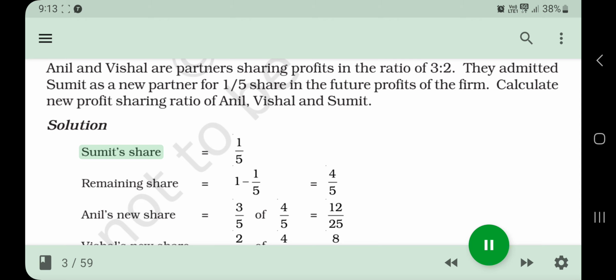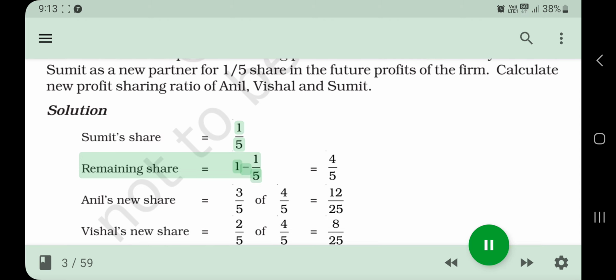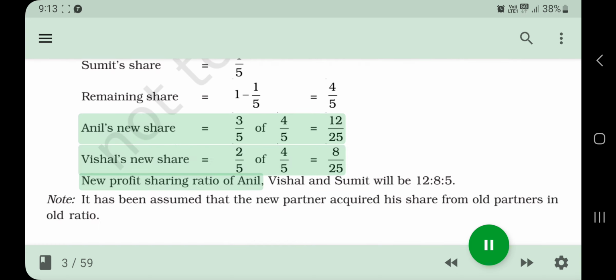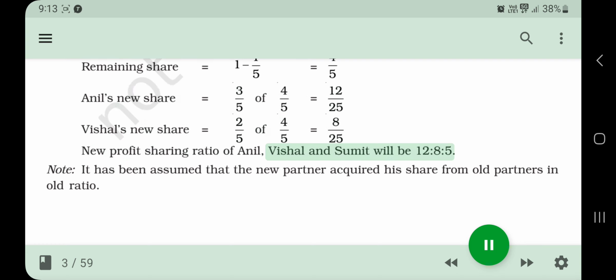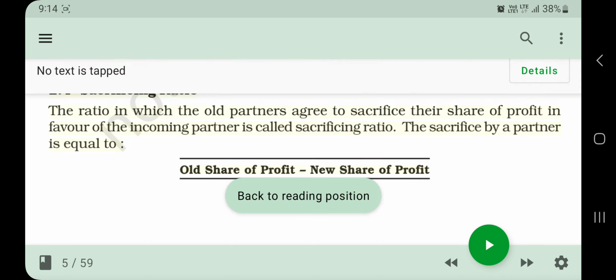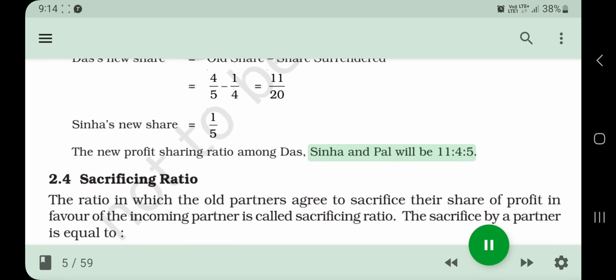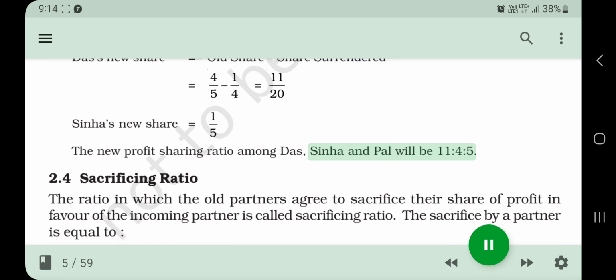Sumit's share = 1/5, remaining share = 4/5. Anil's new share = 3/5 of 4/5 = 12/25. Vishal's new share = 2/5 of 4/5 = 8/25. Sumit's new share = 1/5 = 5/25. The new profit sharing ratio among Anil, Vishal and Sumit will be 12:8:5.